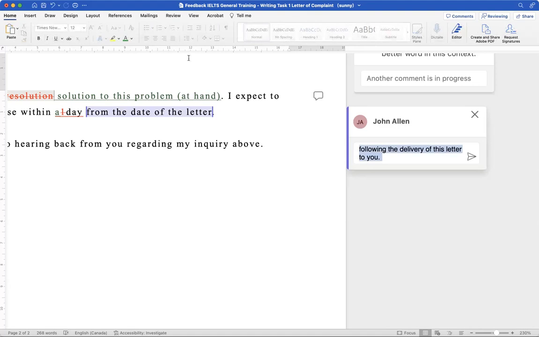Because it will take some time for your letter to be delivered to the company. So it's better to say following the delivery of this letter to you. Following the delivery date of this letter to you is much better. Following means after.